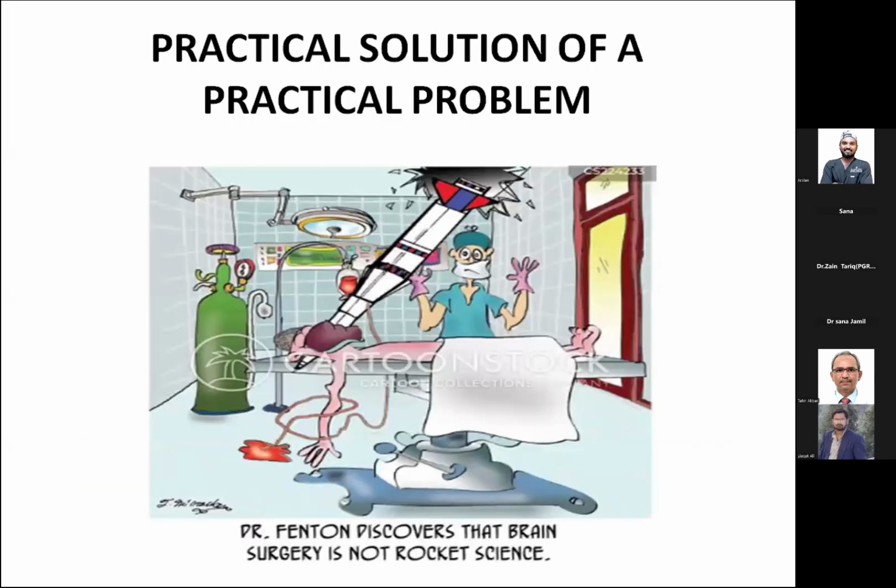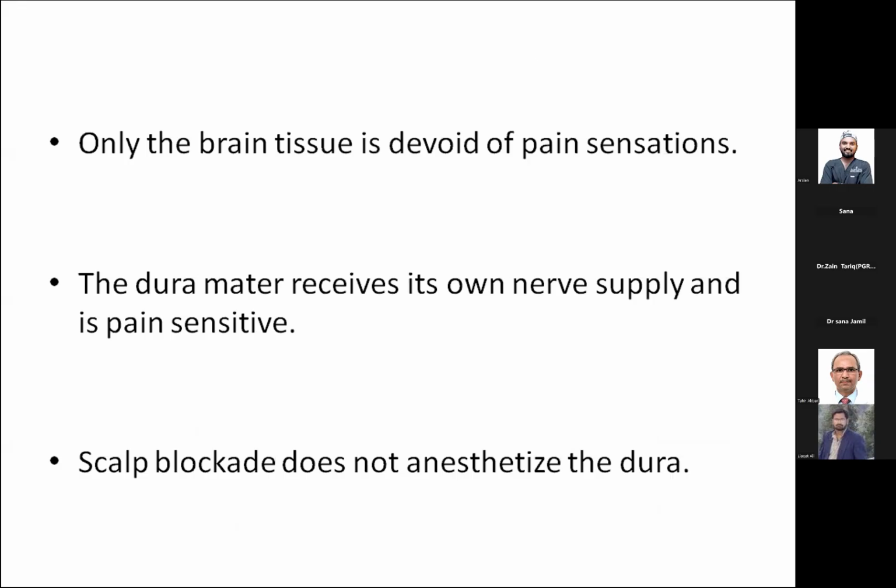Now, usually a practical problem is seen, especially during awake craniotomy, and I'm going to provide a practical solution for that. We all know that the brain tissue is devoid of pain sensations. However, the dura mater receives its own nerve supply, is pain sensitive, and is not anesthetized by the scalp block.